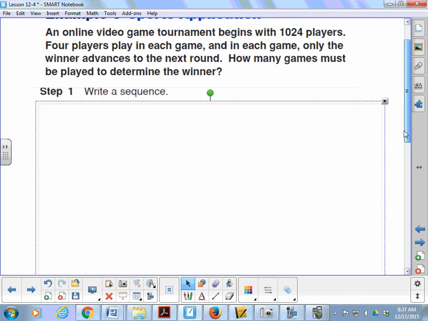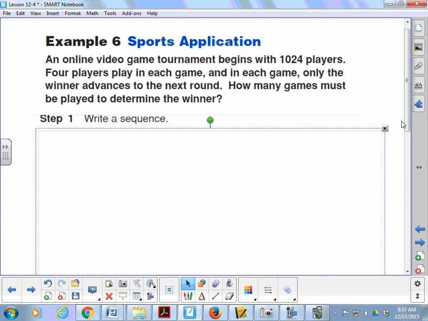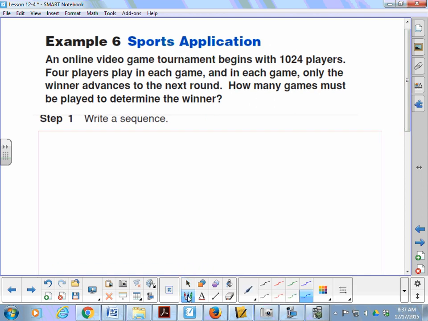All right. So let's do this. Let's start out and write it as a sequence to begin with. So we have 2 key numbers here. 2 key numbers are 1,024, all right? And the other key number we have is, what?